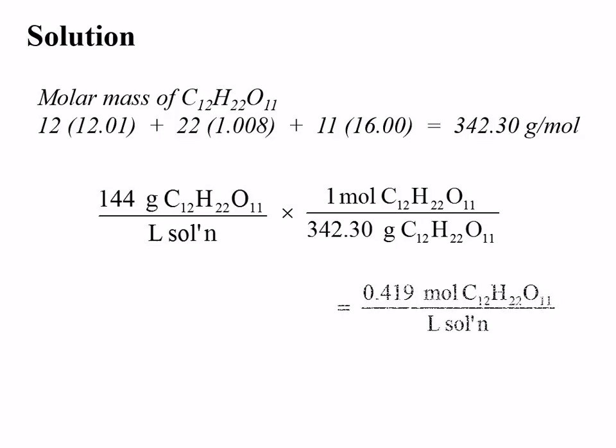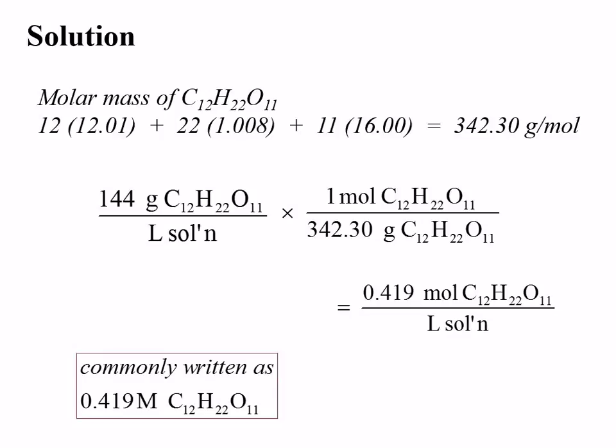Okay, 3 significant figures, I got a value of 0.419. That's not what you got, Mike? Okay. I got a 0.421. Yeah, that's what I got. I wonder if I used my non-rounded version. I don't have my calculator here.